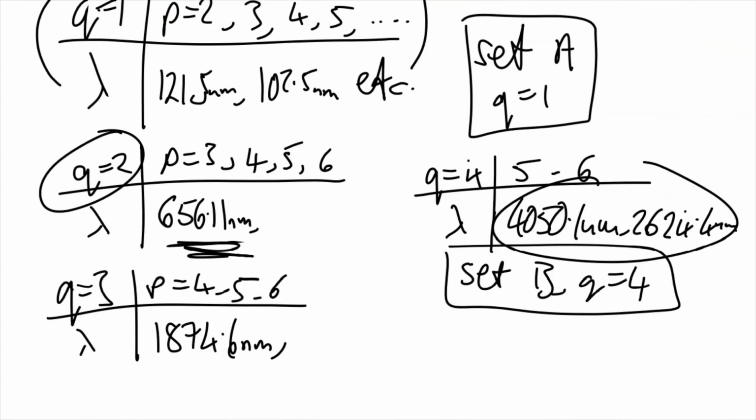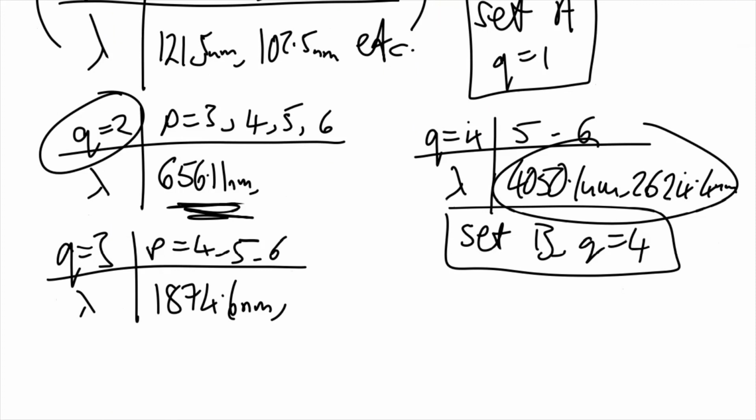And then turning the handle, if we do Q equals 5, then we get P equals 6.